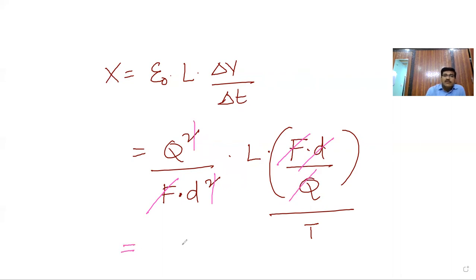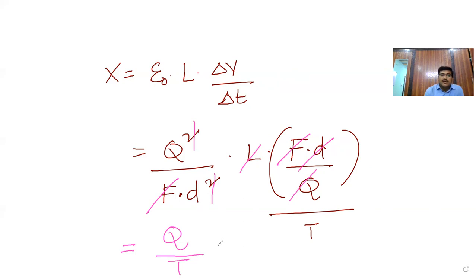Final remaining term is, observe this, L, dimension formula L, and D is the physical quantity. If I replace it by the dimensional quantity L, this L also goes out. So final remaining term is Q by T. Q by T, charge per time.